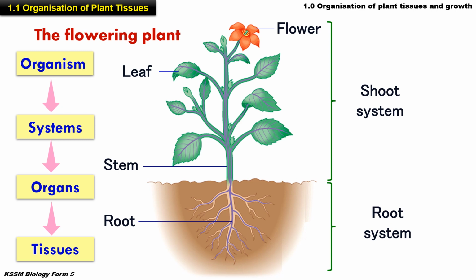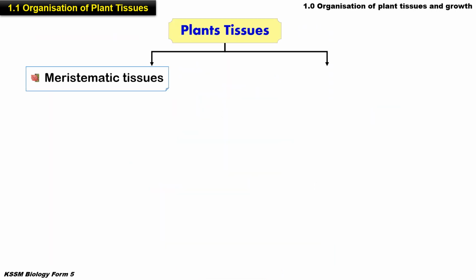Next, tissue. Continue dalam buku rampayan, bahagian bawah tu you write down: plant tissue, there are two. Sikitnya, betul, sebab plant simple. The first one is meristematic tissue and the second one is permanent tissue.